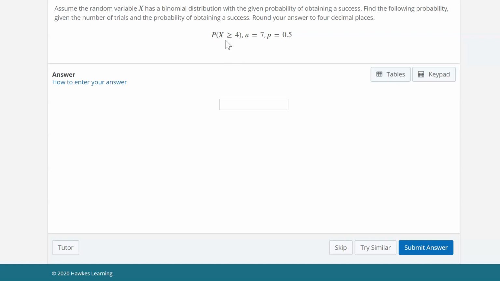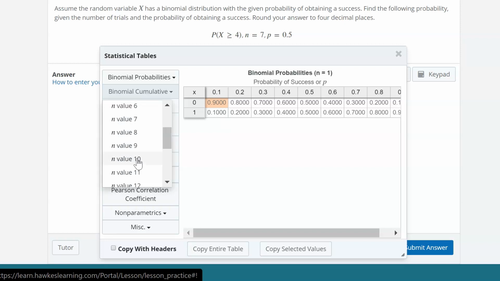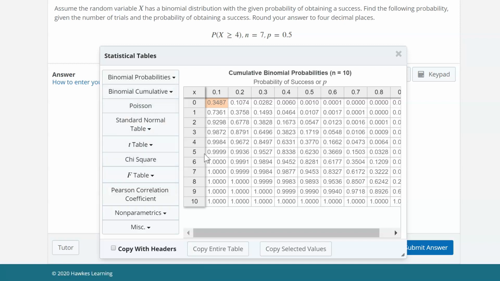But really, having x be a range of values is not that tough, because not only do we have the binomial probability table, we also have the binomial cumulative table, or the cumulative binomial probability table. The idea is that any x we look up in the cumulative table includes not only the probability of that x, but also the probability of all the possible outcomes below it.